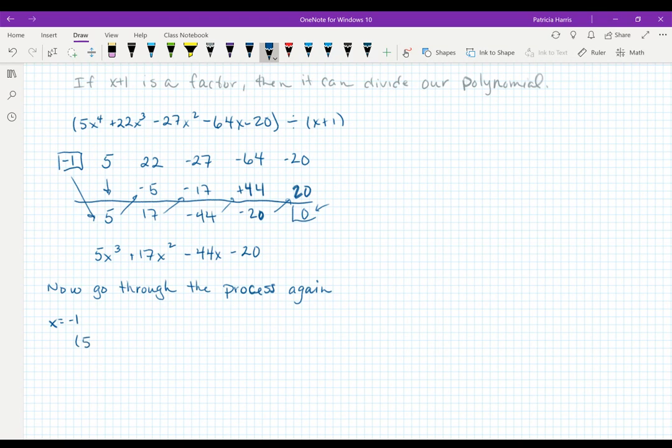So again, you're going to plug in and look for your zeros, and hopefully you find one fairly quickly. And if I hear anybody thinking this sentence, Mrs. Harris, do I have to do it like this? No, you do not. You can totally use a graph if you want.